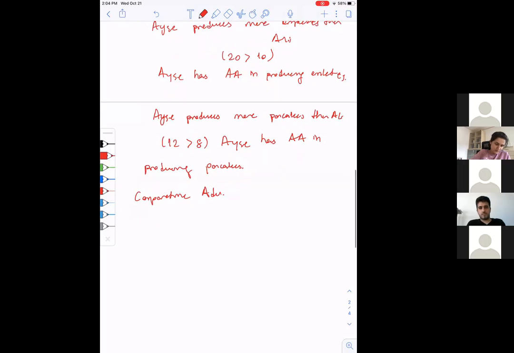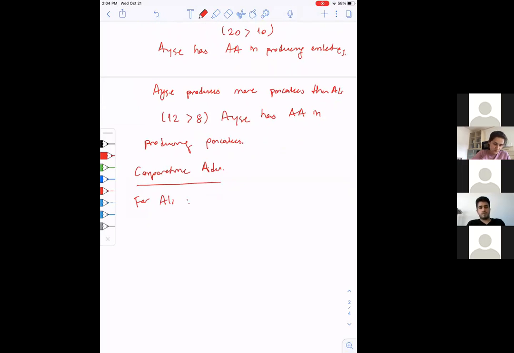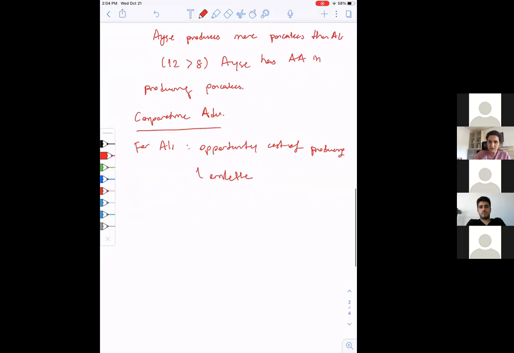For Ali, what is the opportunity cost of producing one omelette? How many pancakes does he need to give up in order to produce 10 omelettes?